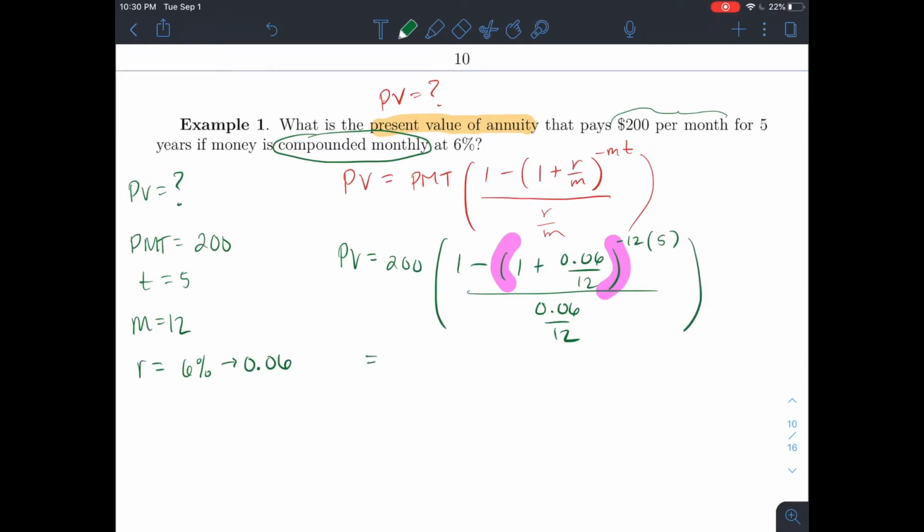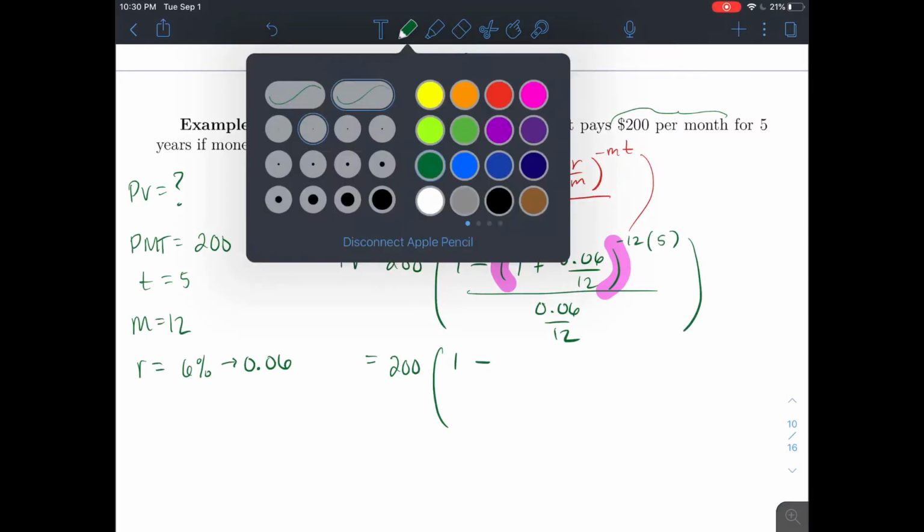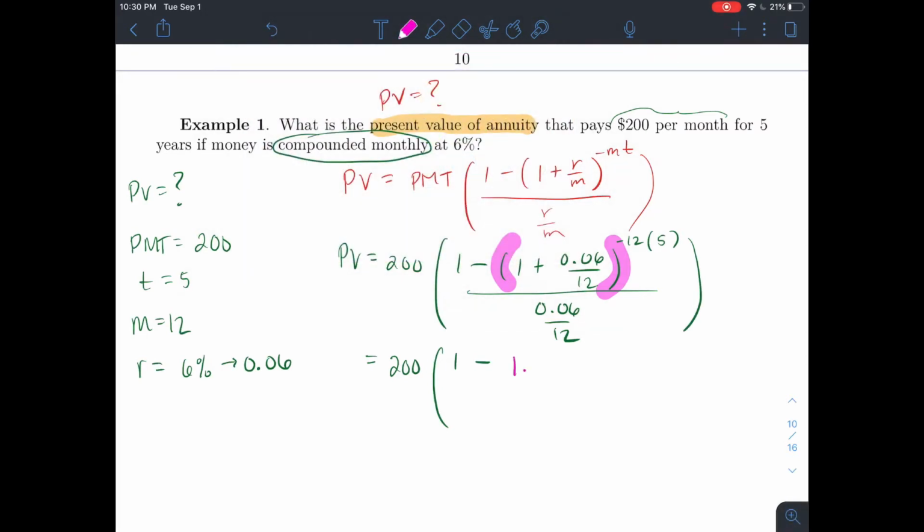So we're going to rewrite 200, we're not going to touch. I'm going to have 1 minus, and we're going to punch into our calculator 1 plus 0.06 divided by 12, and that's going to reduce to 1.005. So the part we're reducing is right here.